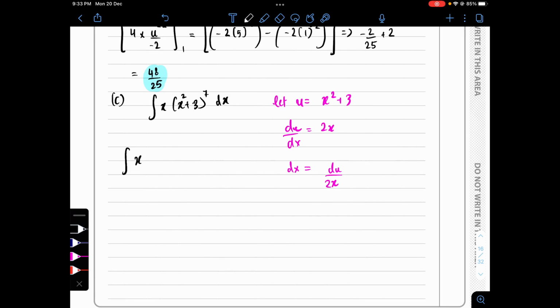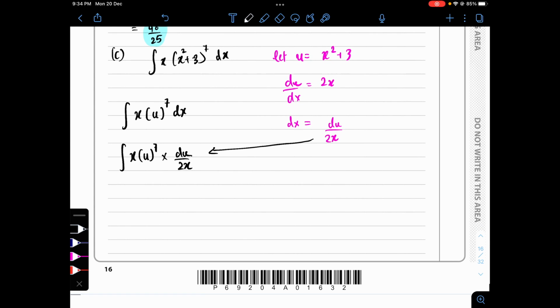So this will be x times u to the power of 7 dx. This will be equivalent to x times u to the power of 7 times du over 2x, right? Because we substituted it back in. So now x will disappear, so you're left with u to the power 7 over 2 du. This is pretty straightforward. So this will be half times u to the power 8 over 8 plus c.